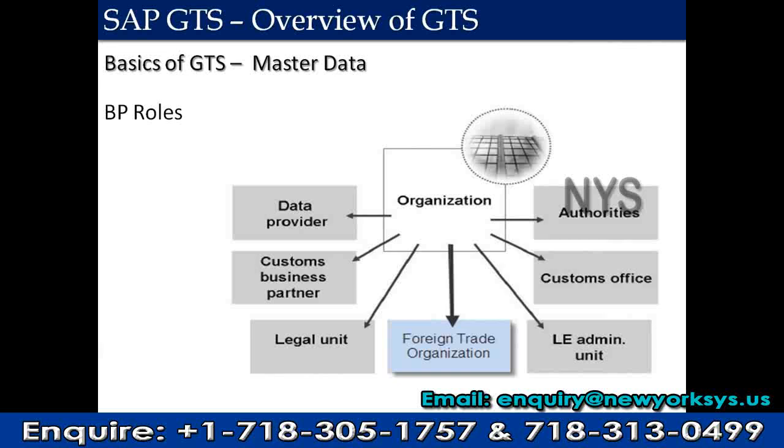The legal unit is basically an area or a physical location where we declare to the government that this is our legal location where export and import will be happening. At our client, they use a storage location as a legal unit. Correct, it can be. That configuration is also available in GTS. Normally there are two levels of config: a plant can be linked to a legal unit, or a plant and the storage location related to it can be linked to the legal unit.